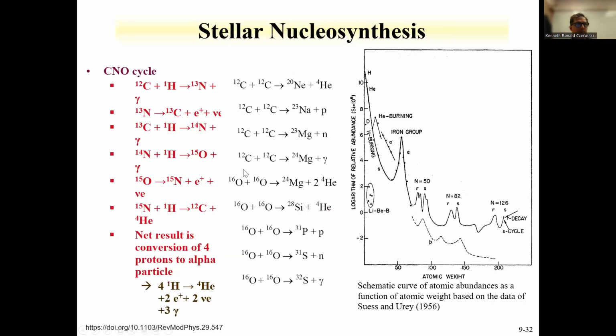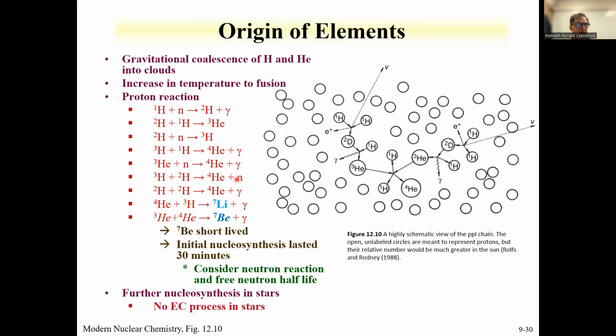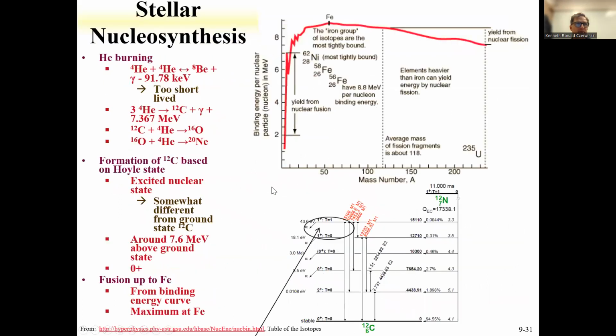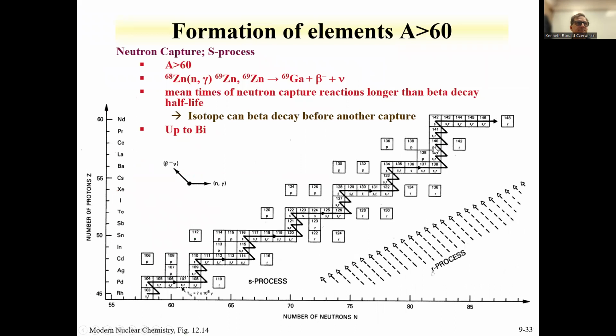Well, if you remember, there are neutrons that are produced in some of these reactions. Go back over here, you see that there are neutrons that are produced. So there's a sufficient neutron flux in a star where this S process, for slow, can occur.